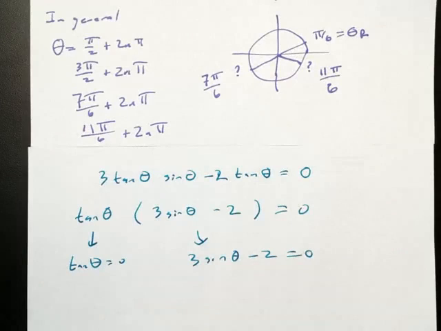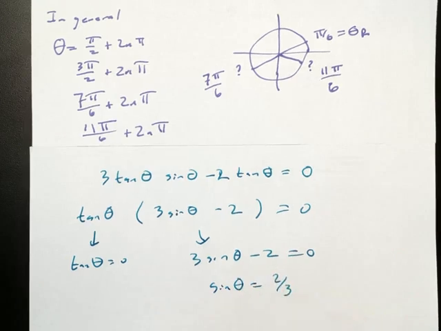Tangent being 0 is one I know. But when I go to do this one, I get sine of theta equals 2/3. And that's not one I know.